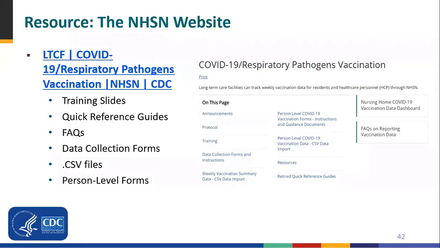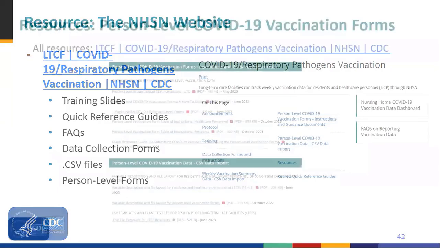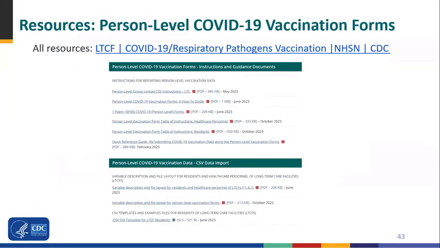For facilities who use CSV file upload, please note that the CSV files have been updated and remain an option for submitting data. This slide shows where the person-level vaccination resources are located. You'll find several guidance documents along with information about CSV data import.